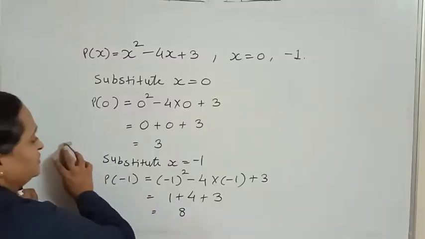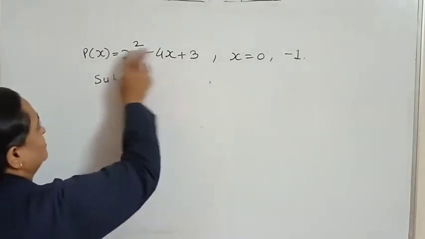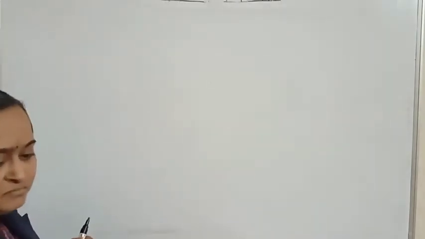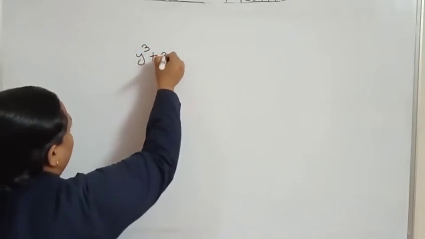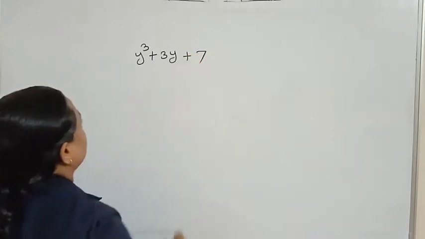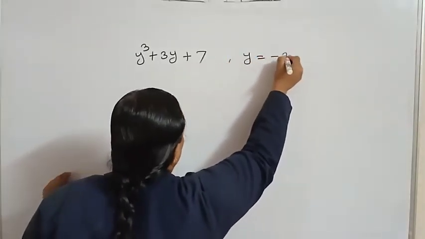Again, one more example we will take. y cube plus 3y plus 7. Now in this example we have to find the value for y is equal to minus 2.